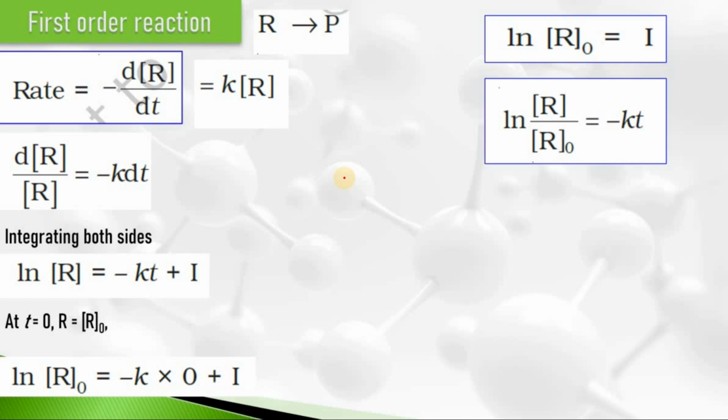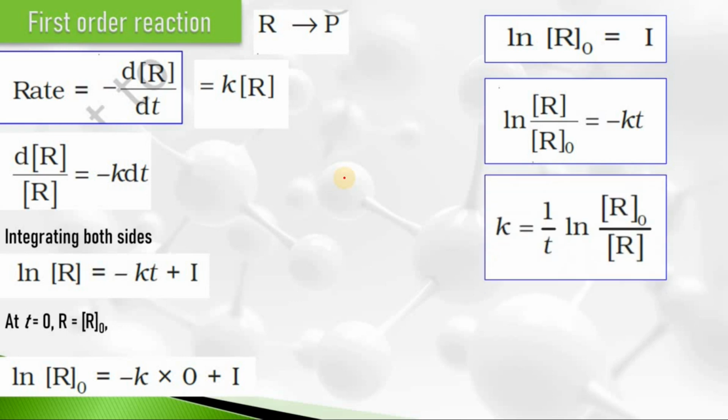Here we can further rearrange it by keeping K on one side and taking minus t on the other side. On rearrangement, we get an equation like this: K is equal to 1 upon t ln concentration of R at time 0 upon concentration of reactant at time t.